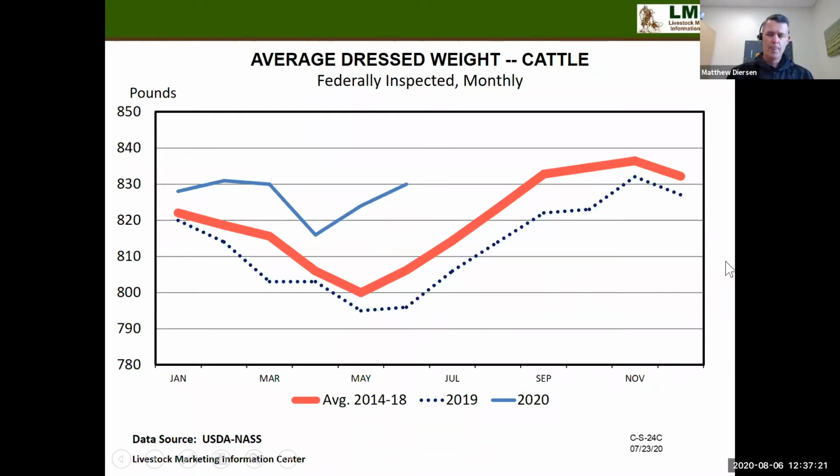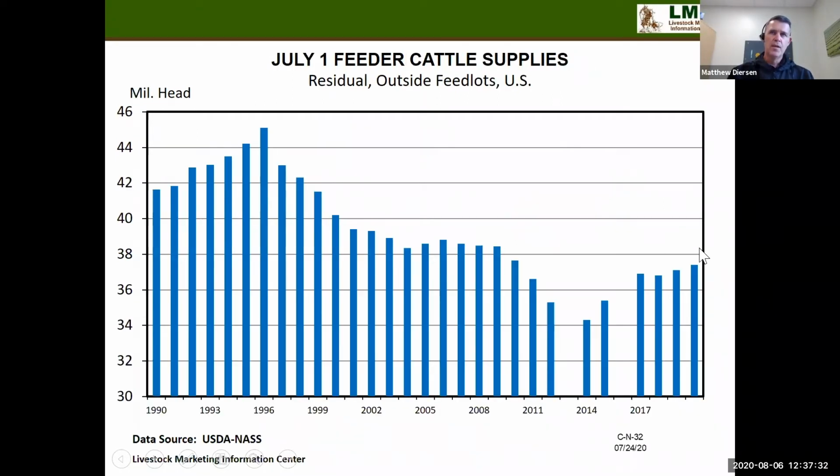Another implication of the slowdown in the slaughter pace was on the feeder cattle side of things as well. So here we've got a look at the cattle inventory report, and we've got here the feeder cattle supply outside of feedlots.